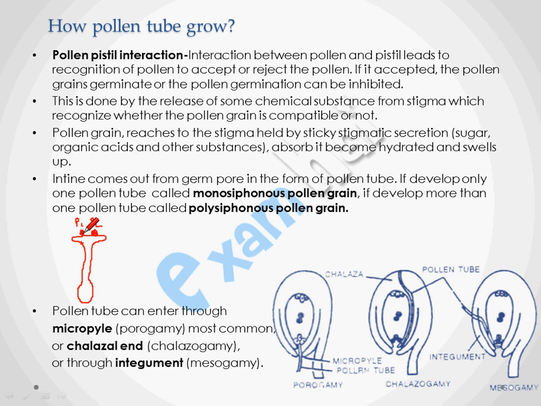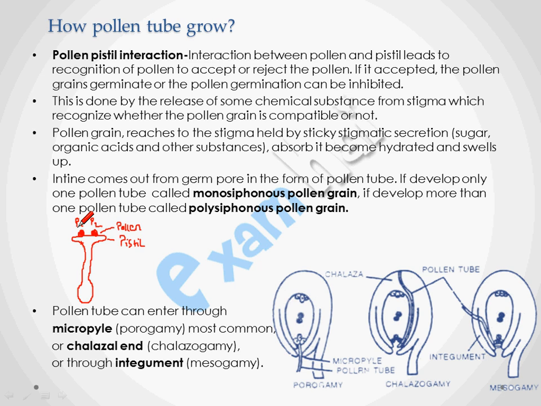After the interaction between the pollen and pistil takes place, the pistil will release some chemical substance which will recognize whether the pollen grain is compatible with it or not. If the pollen grain is compatible, it will start germinating a pollen tube, and if it is not compatible, it will not germinate, or it will inhibit the germination of the pollen.